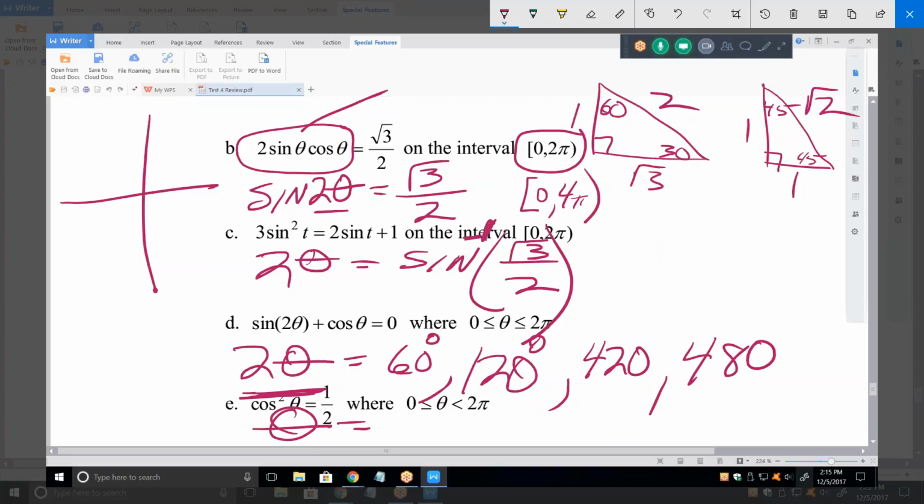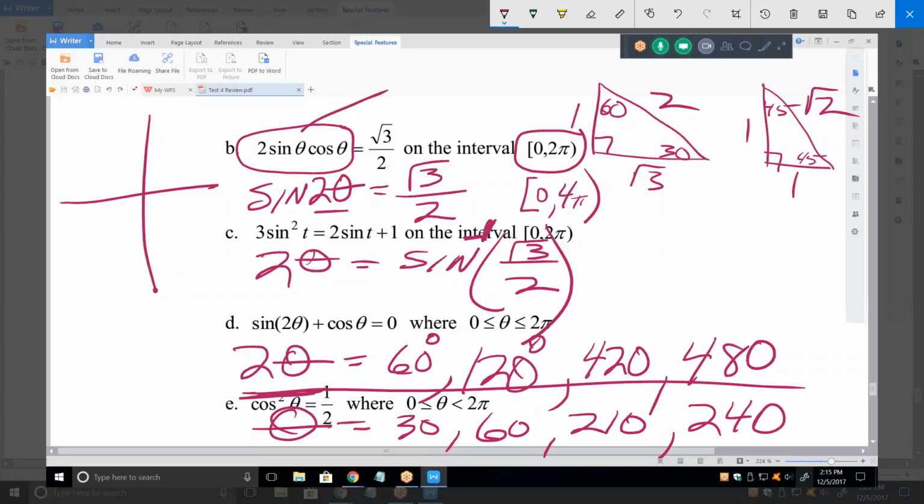Give me the 4 answers that theta is. 30 degrees, 60 degrees, 210 and 240. Notice that all 4 of those are in that domain, 0 to 2 pi.